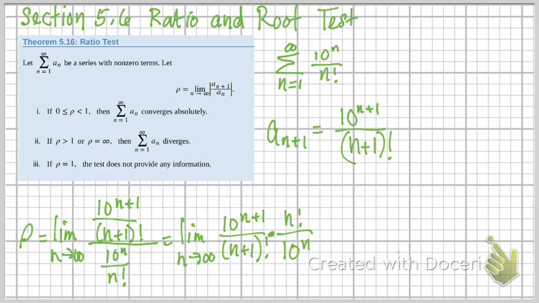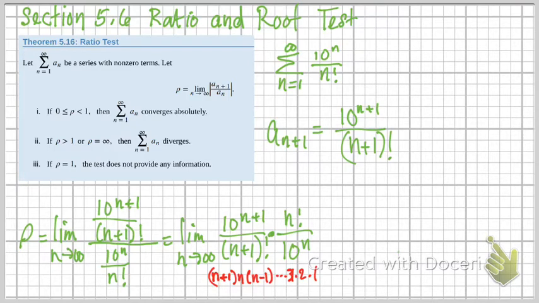Now there's a few things that happen here. I'm going to change colors because I want you to see what's going on. If you think about factorials, 3 factorial is 3 times 2 times 1, like I'm counting down. So n plus 1 factorial is n plus 1 times n times n minus 1 all the way down to 1. And n factorial is n times n minus 1 down to 3 times 2 times 1.